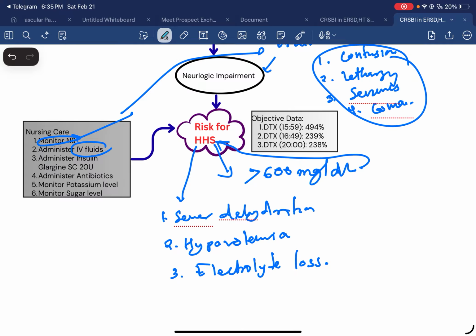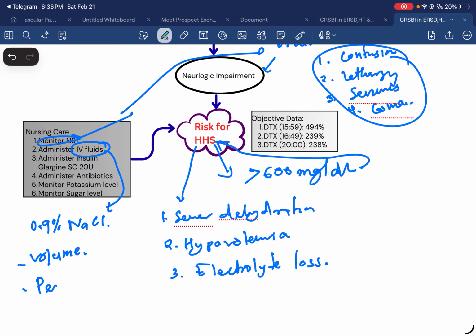Therefore, we need to administer isotonic solutions such as 0.9% sodium chloride, and this sodium chloride can restore the circulating volume and improve kidney perfusion, and it helps lower glucose level.